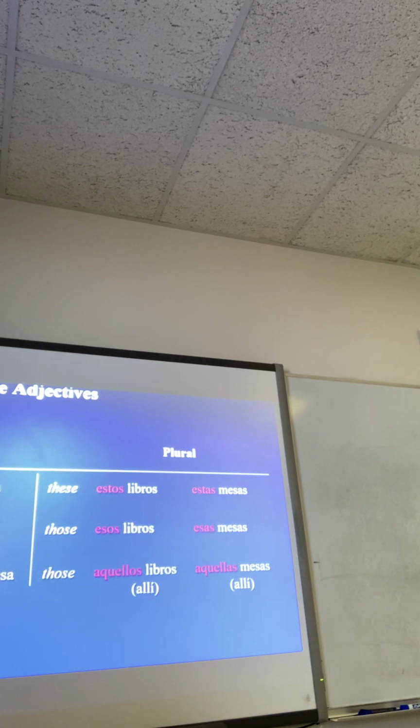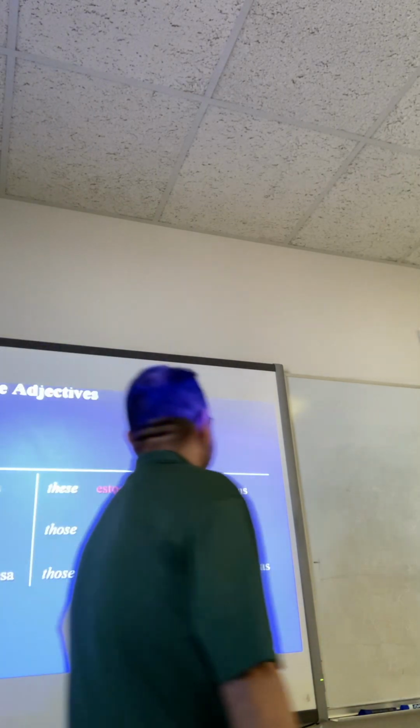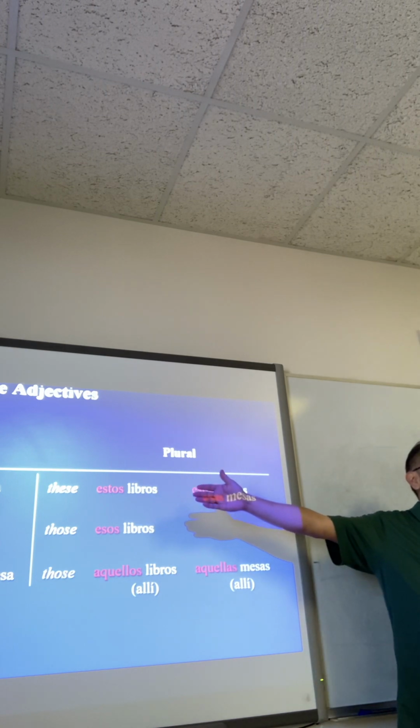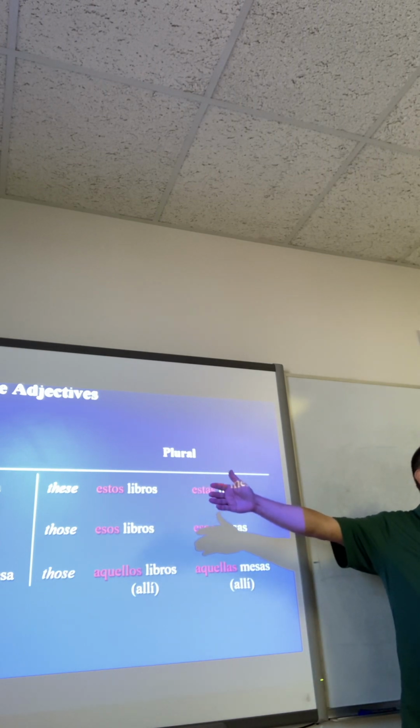Ese libro, that book. Next to her is esa mochila, that backpack. So the masculine form, the feminine form. These are our singular demonstratives. What are lots of thises? These.